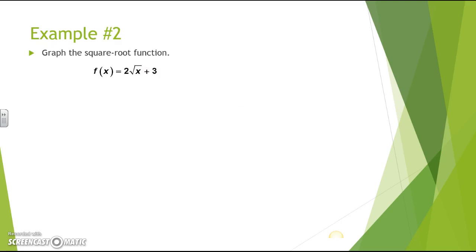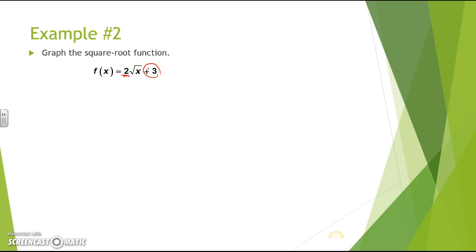So let's go through an example of graphing this square root function. We have f of x equals 2 times the square root of x plus 3. Notice how we have this 2 out in front, and then we have this plus 3.